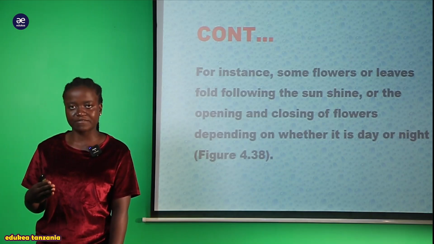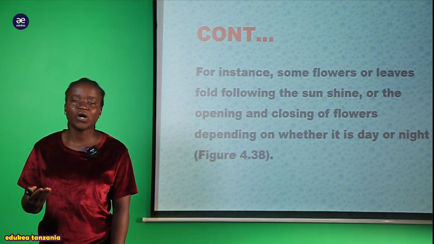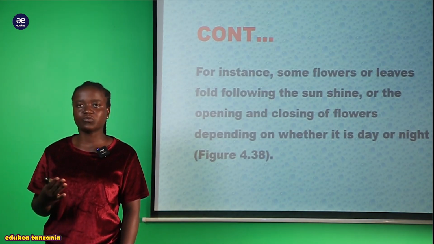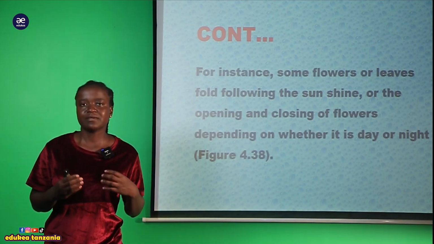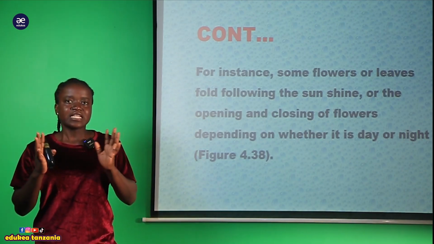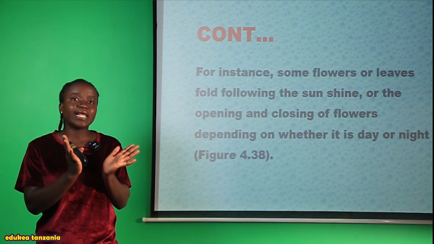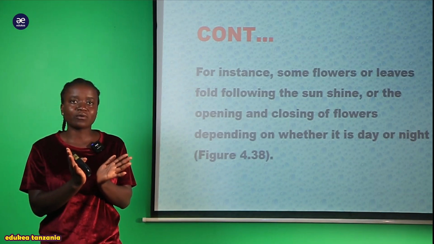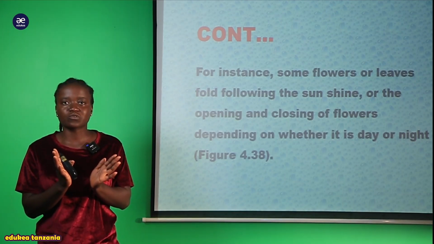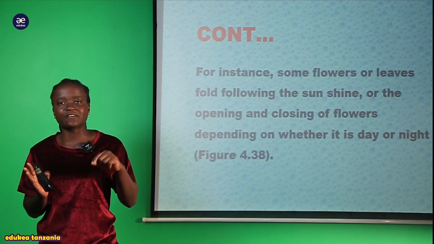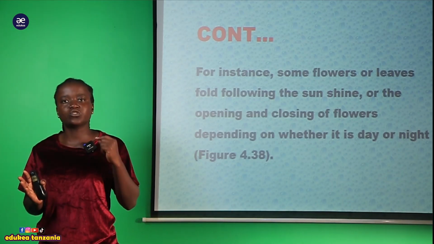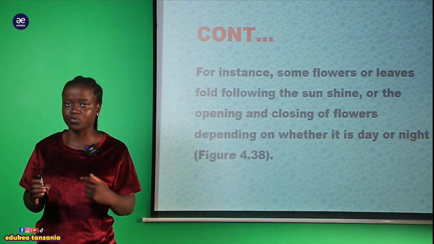For example, we have the sunflower. It is responding to the presence of light. Na ndio maana ukiangalia zile sunflower nyingi, ile mimea jamii ya alizeti, inavyo chanua inaenda uelekeo wa sun, kwa maana kwamba kwenye sun ndipo ambapo kunakuwa na production of the light. So we can say that the sunflower responds to the light stimulus.